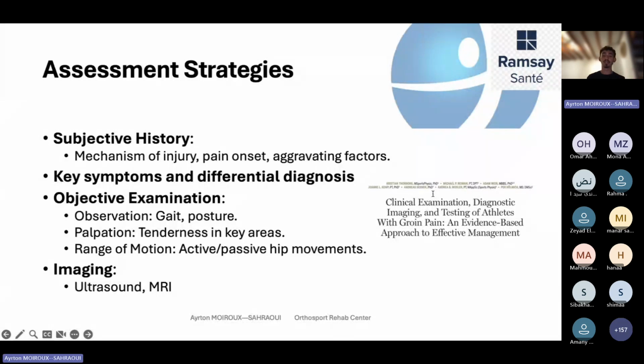Okay, what activities worsen the pain and which measures seem to alleviate it. Previous treatment, okay, past interventions or treatments that were attempted and their outcomes, lifestyle, of course, and sport participation. You need to ask that because you will not treat a professional football player with the same energy and the same mentality as someone that does one training per week.